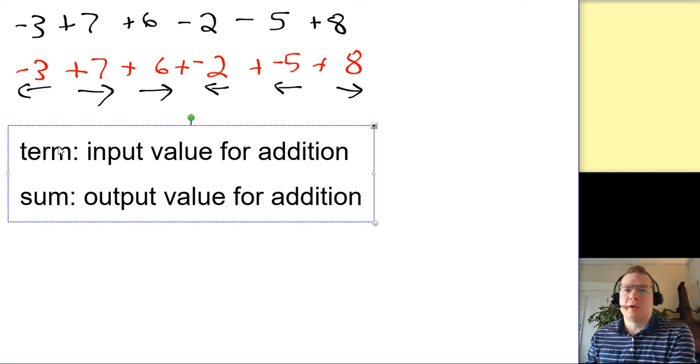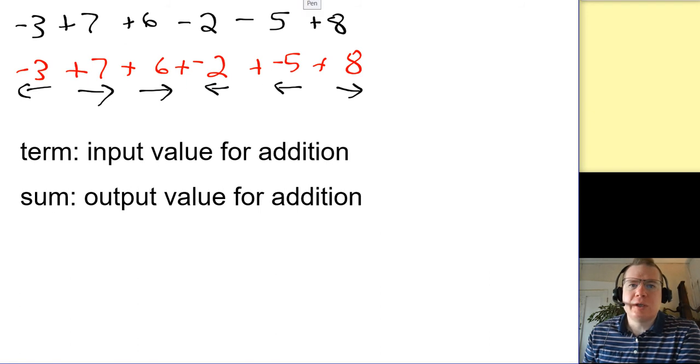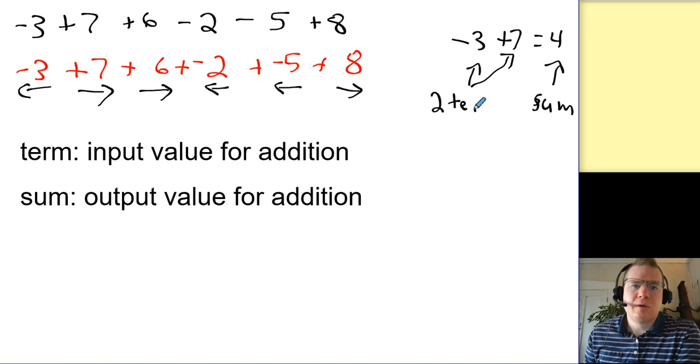All right, a couple more definitions there. So when I look at -3 plus 7 equals 4, this is the sum, right, because I'm adding. These are the two terms in my expression. So this expression has 1 plus 2 plus 3 plus 4 plus 5 plus 6 terms.